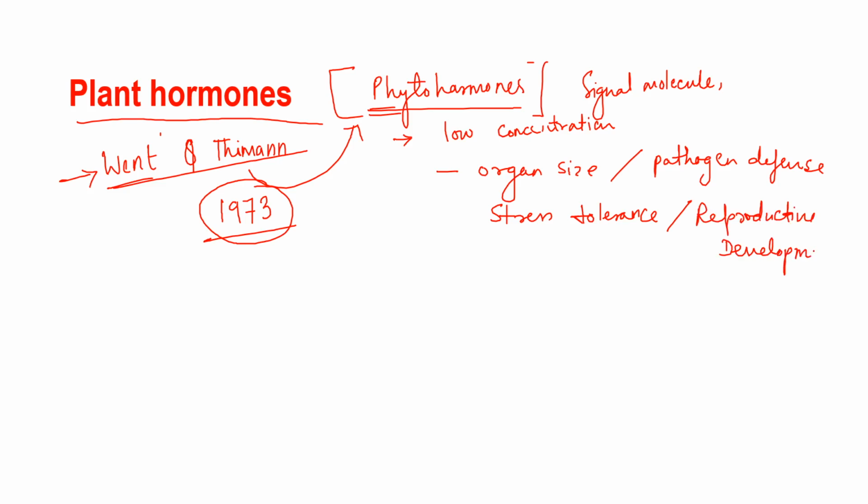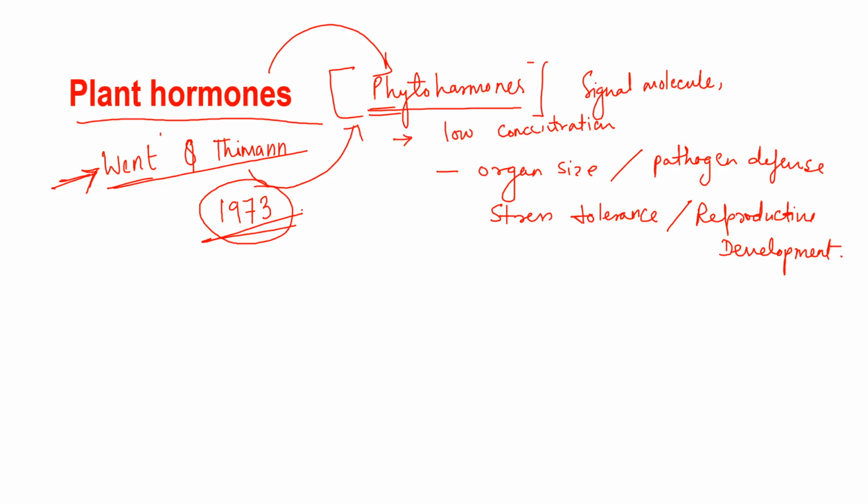Clear? So now from all this we can conclude that these signal molecules, which are produced within plants in very low concentration, control all aspects of plant growth, development and embryogenesis. Clear? And Went and Thimann were the persons who coined plant hormones as phytohormones in the year 1973 in their book.